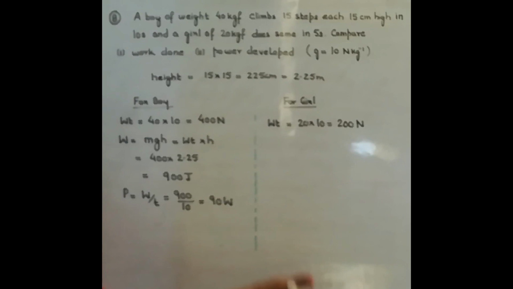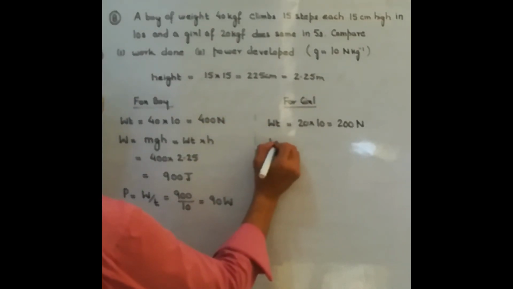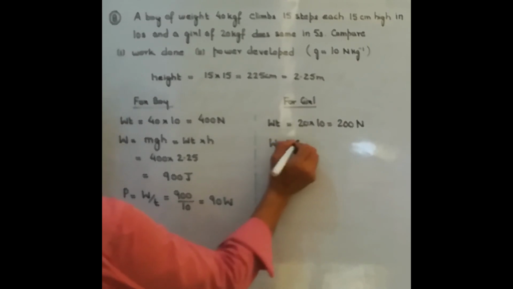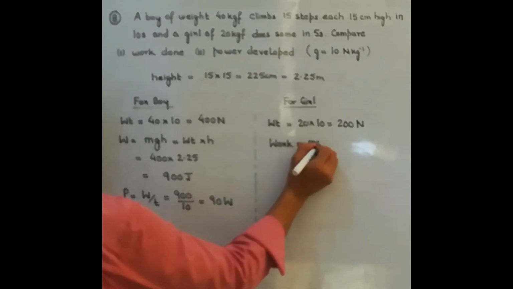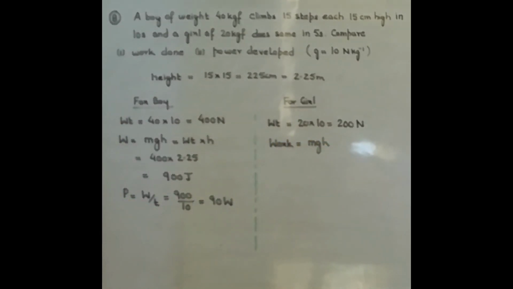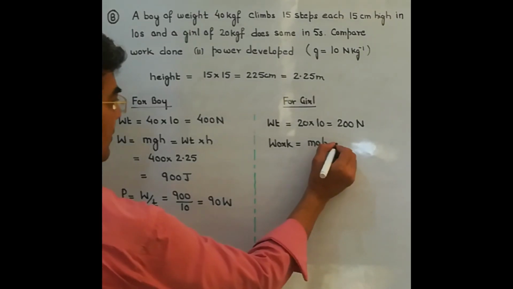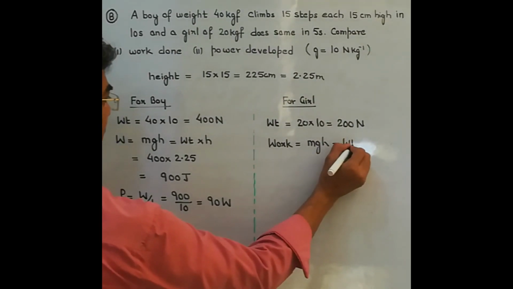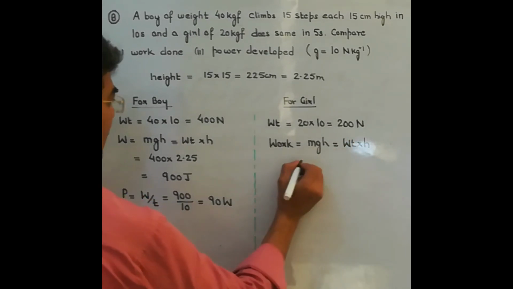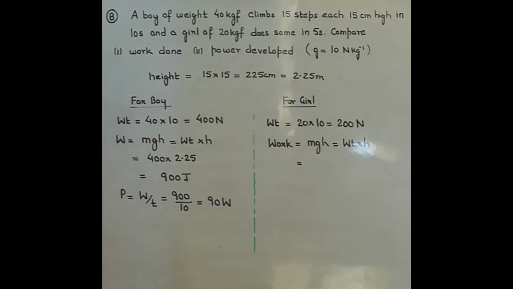Now, the girl is also moving in the upward direction, so she is also doing work against gravity. So let's calculate her work against gravity, mgh, where mg is the weight. See, mg means force, or you can call it the force of gravity, that is also known as weight.